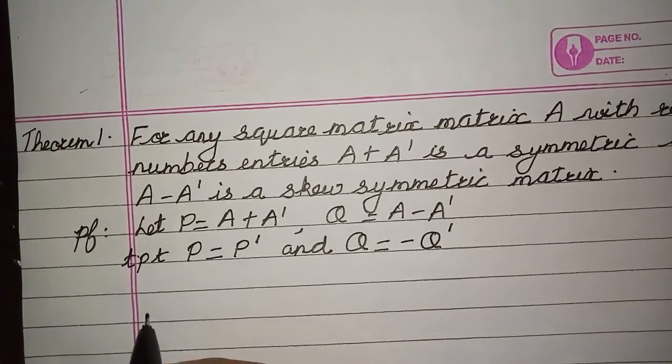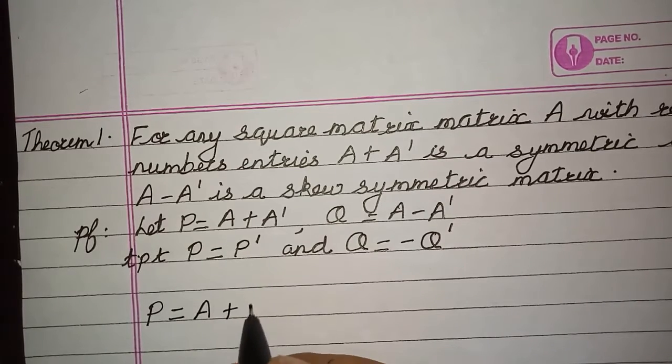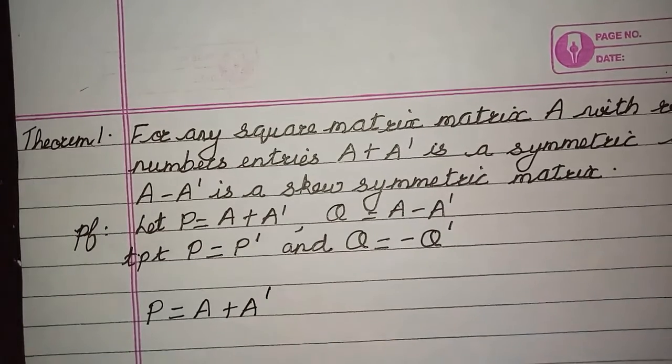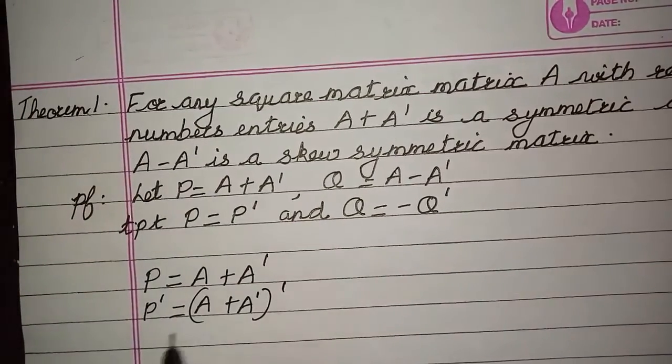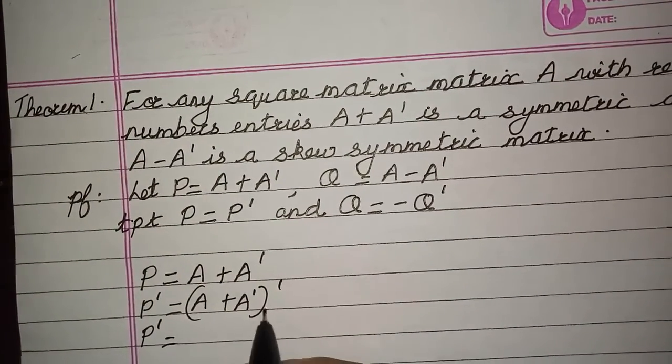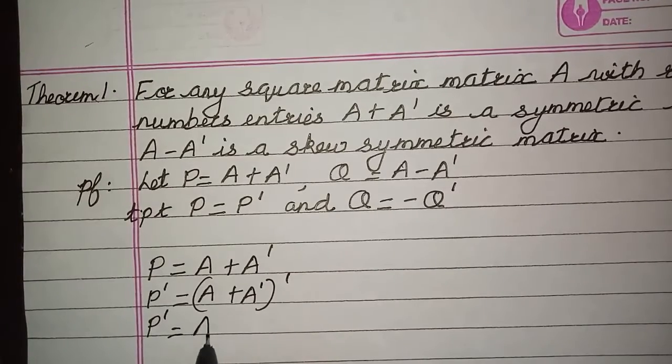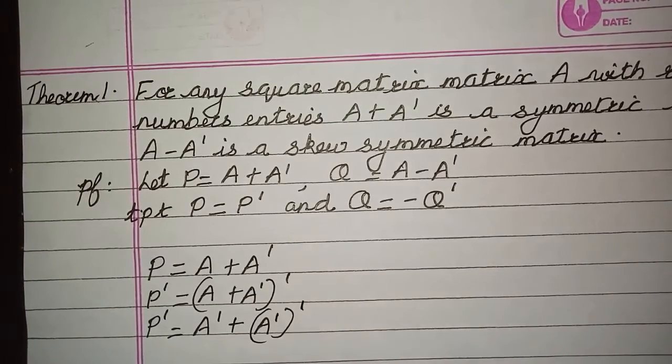So let's prove, children. Let's start with P. What is P, children? P is A plus A dash. Okay. Now next step, apply transpose. So this will be A plus A dash transpose. Okay. So this will be, by the property of transpose of a matrix, A transpose plus A transpose transpose.